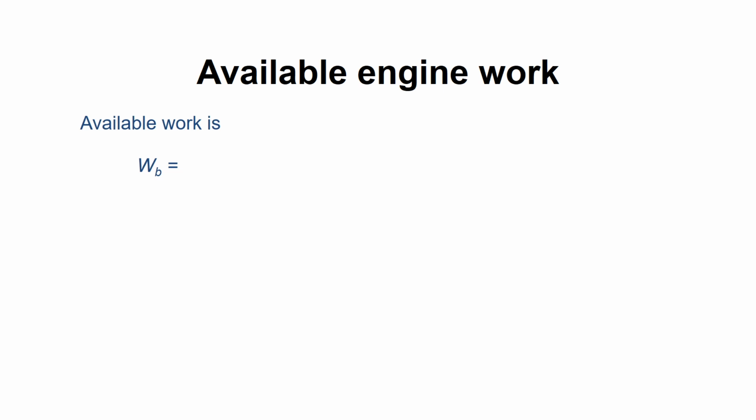What can be done is to start with the work produced during the compression, combustion, expansion process, and then reduce this work with all the losses until you have the work which is going out from the engine and then transmitted to the driveline. This engine out work is called brake work and is shown with an index B.